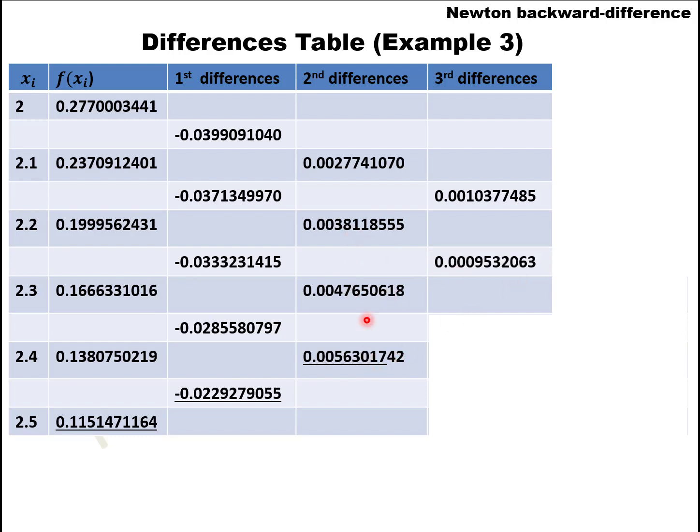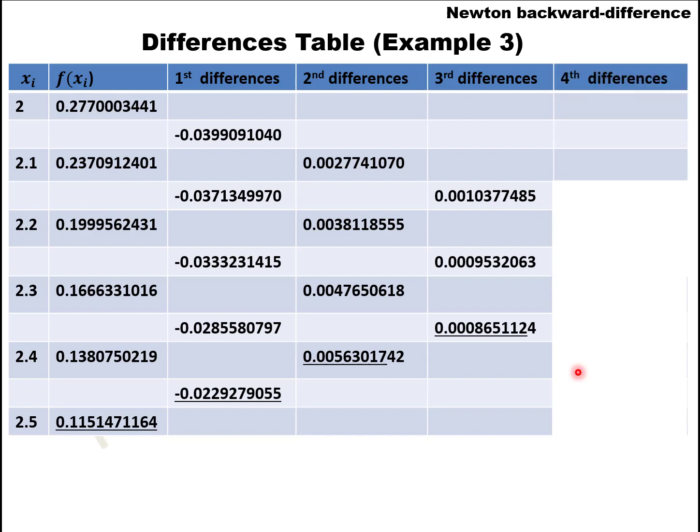And similarly, this value minus this value gives us the value 0.00008651125. Now again, this value is ∇³ f(x5), this value is ∇³ f(x4), and this value is ∇³ f(x3). Remember, I am discussing this in terms of the backward differences.